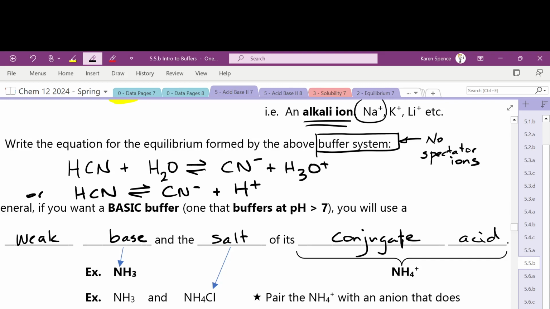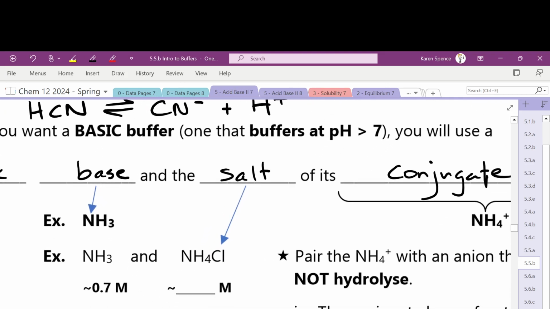So we have NH3 and NH4 plus. Now we have to pair the NH4 plus with an anion. Chloride is a good choice. Nitrate would be another good choice. They don't hydrolyze. And if our concentration of ammonia were 0.7 molar, what do you think our concentration of NH4Cl should be? Approximately 0.7 molar.